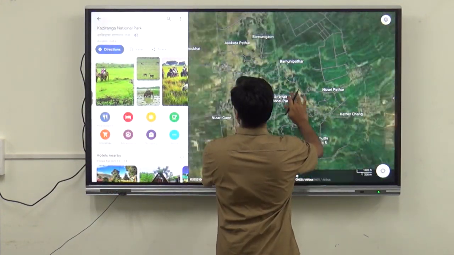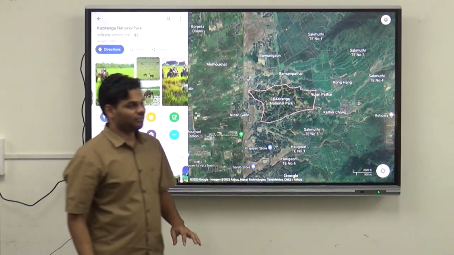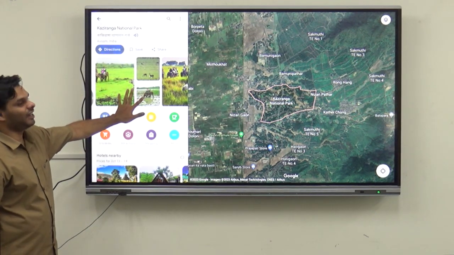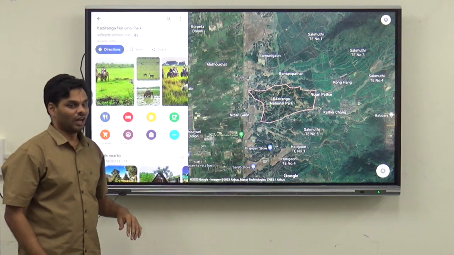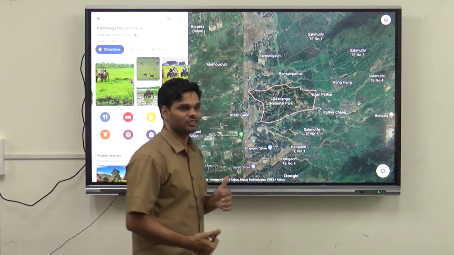Do you see the wetlands in the photos? This is a wetland, right? So you can see the elephant walking through it. How does the elephant walk through a wetland when it is so heavy? Why is it not sinking so easily?